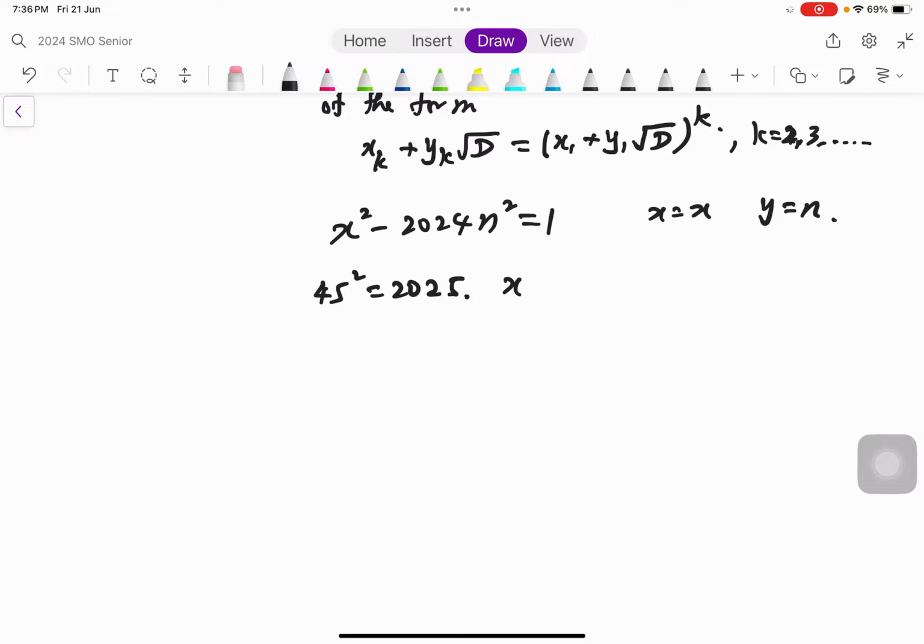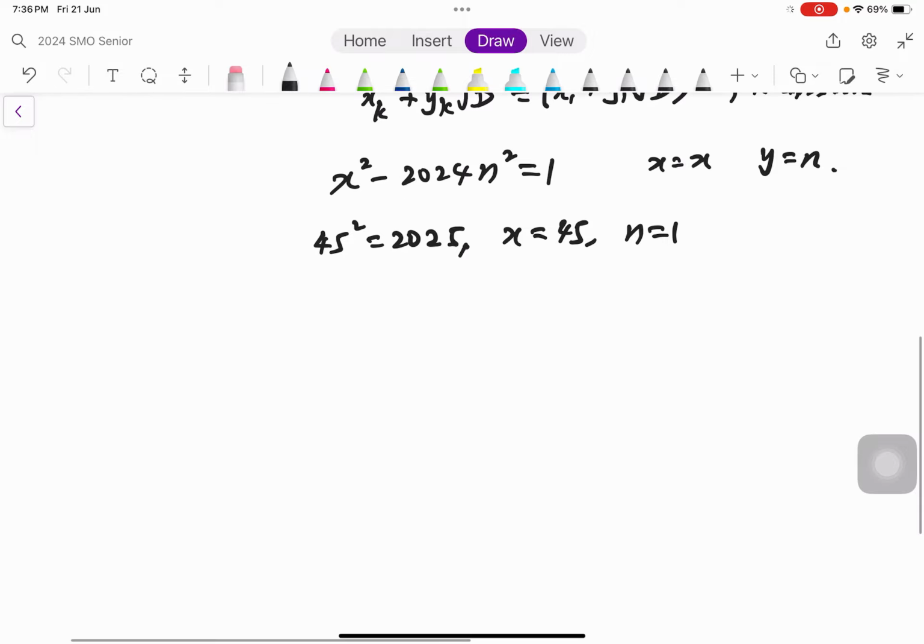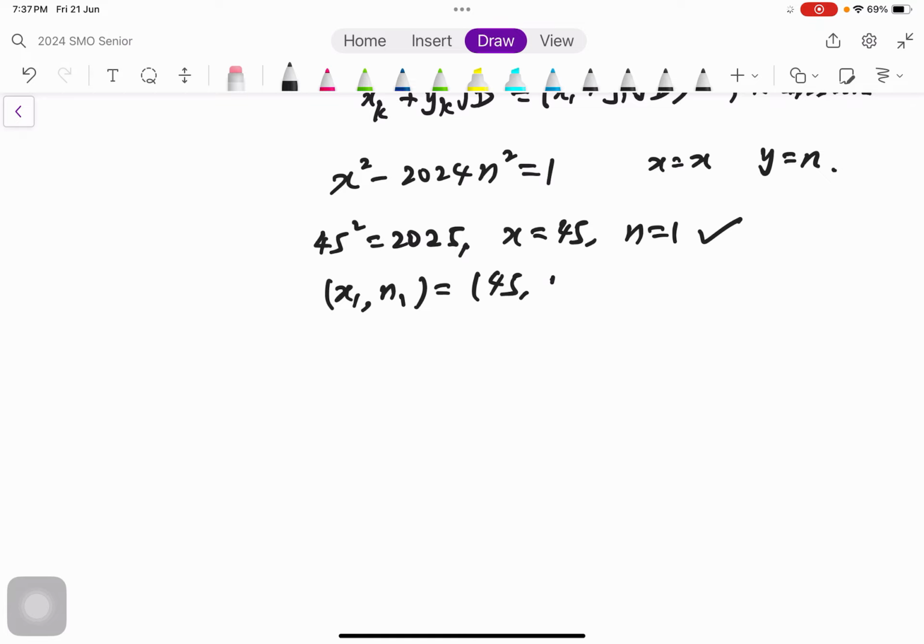Therefore, x can be just equal to 45, and then n is equal to 1. This is one of the solutions. That means your x1, n1 in this case is actually 45 and 1.